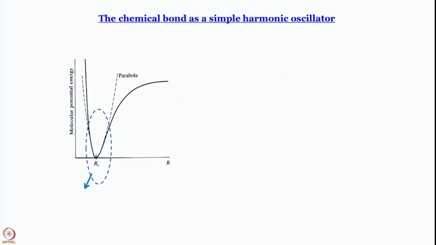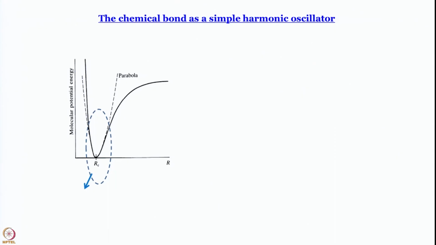And remember, simple harmonic motion requires very small displacement from the mean position anyway. So, if you are going to work with small displacements from the mean position, then the simple harmonic oscillator model might be a valid model. That is the premise within which we are going to work for now.